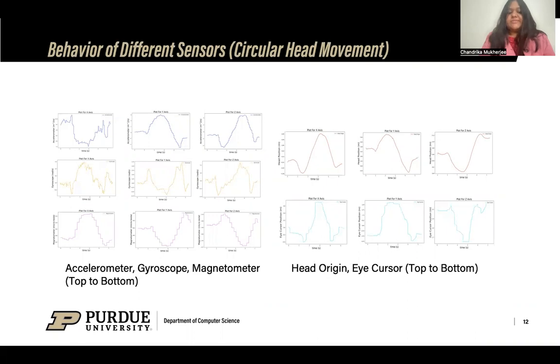And then the third is the magnetometer data. At the right side at top, there is the head origin data, and the bottom is the eye cursor data. We can see that the eye cursor data is following the head. However, there are more data points in the case of head, therefore it is smoother, and eye cursor data is jumpy.